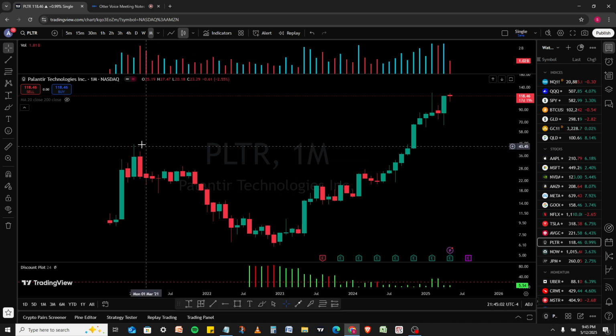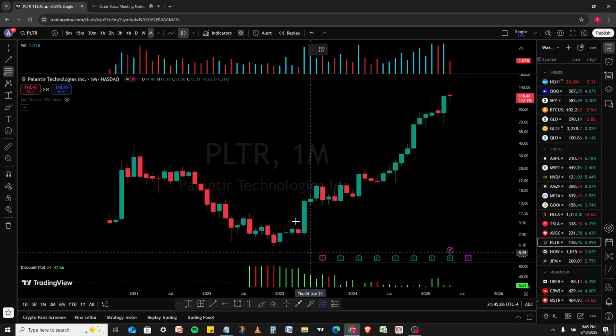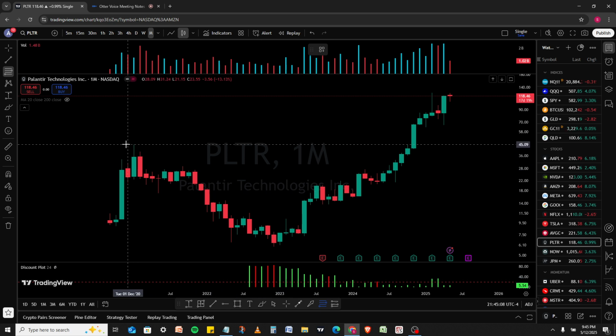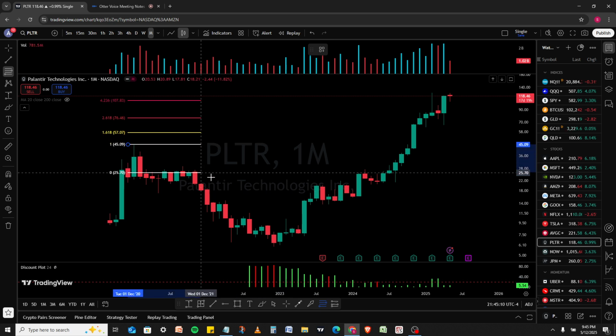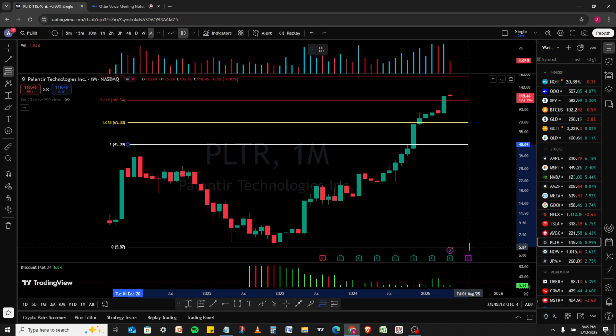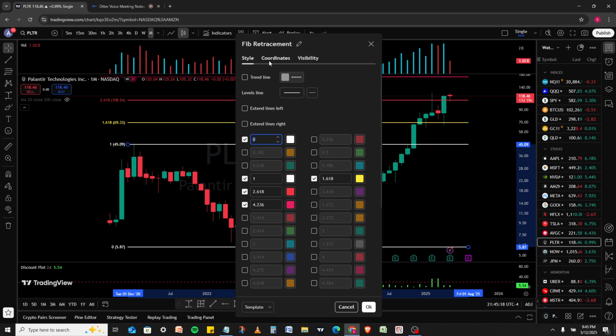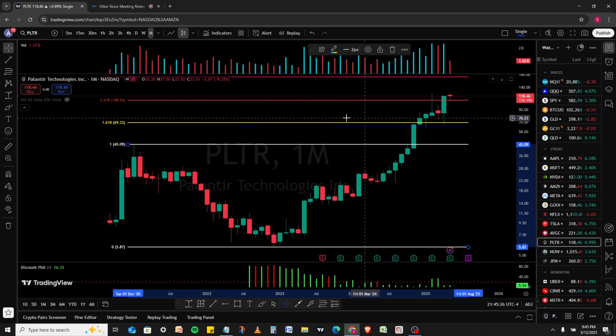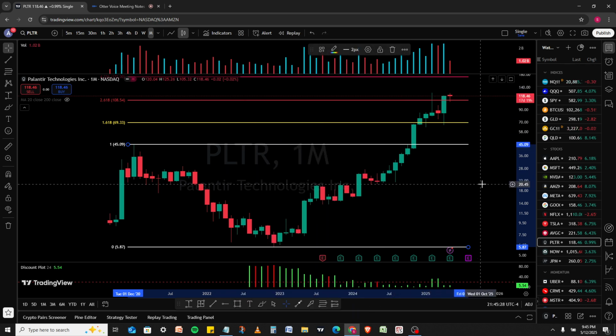So if we draw a Fibonacci extension tool on this Palantir, you pick this high point and you pick this low point here, and we enable some settings within the Fib retracement of 1 and 1.618, 2.618, 4.236. We will see some levels on the chart.